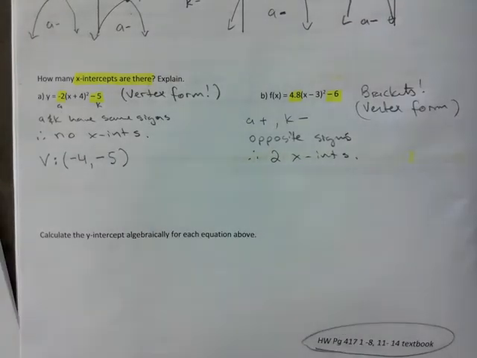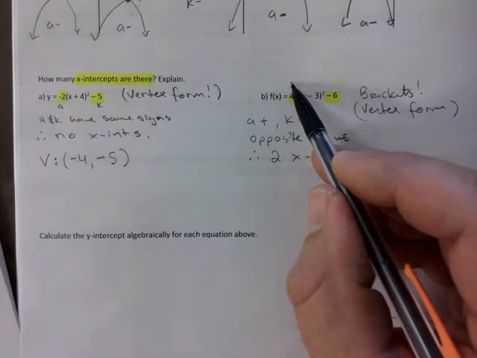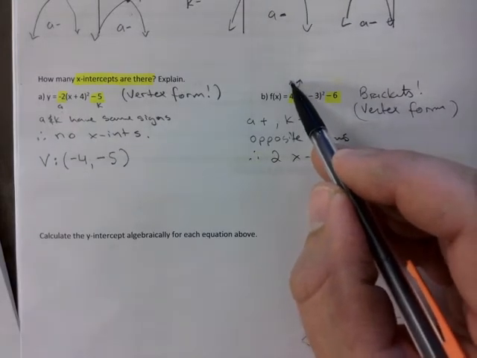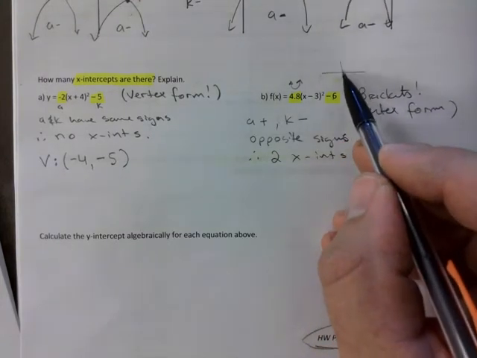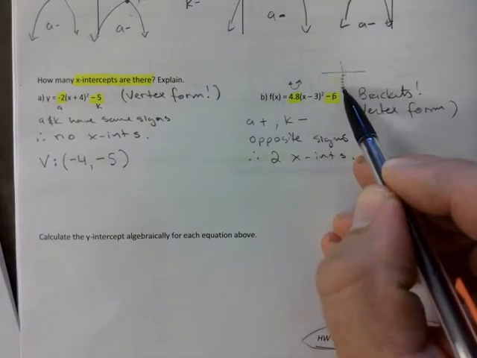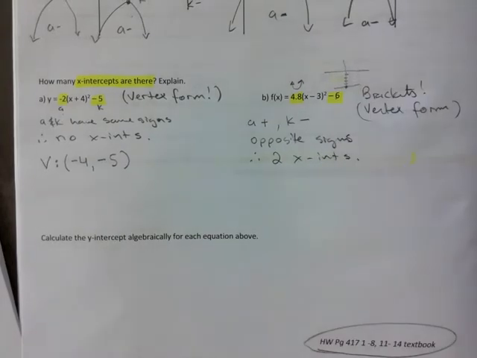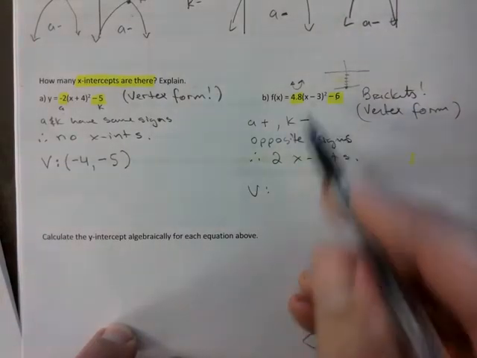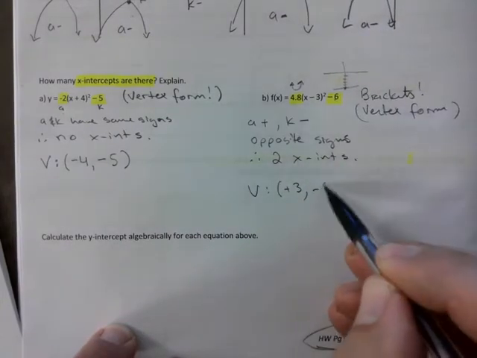It will cross the x-axis twice because this tells me that it's pointing up, and this tells me that the vertex will be at -6. It's the min, the -6 line. That's all we focus on when identifying how many x-intercepts there are. But the vertex, I can tell, is going to be positive 3, negative 6.